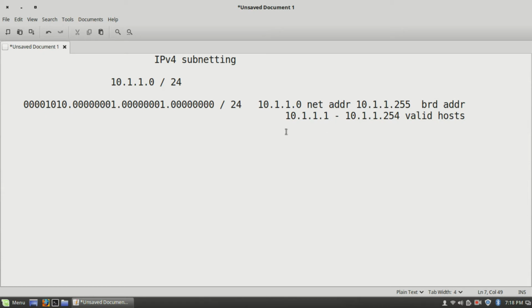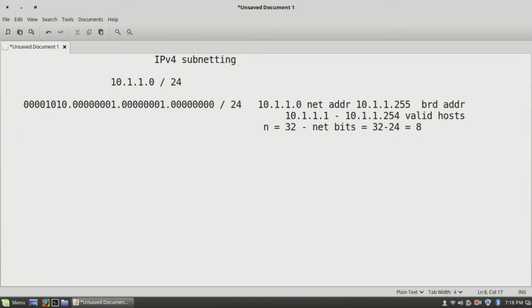And if I want to talk about the number of host bits, which is n, it would be 32 minus network bits, which in our case is 32 minus 24 equal to 8. Okay, not divided, minus.